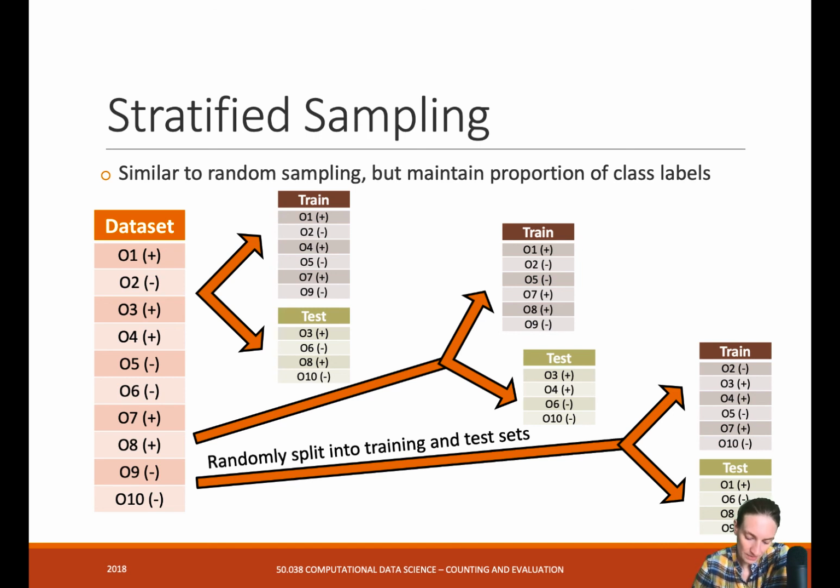What does that mean? If our data set is 50-50 of each class, then our training set will also have half, and our test set will have half. Does our test and training set need to have the same probability distribution of classes?